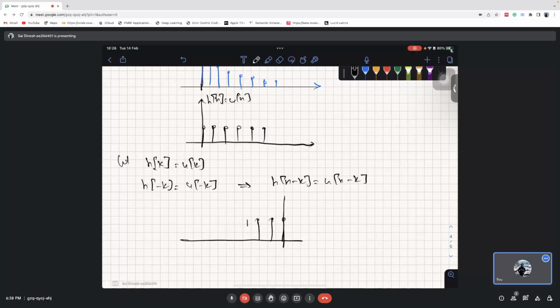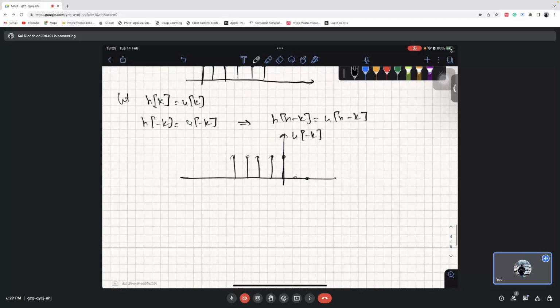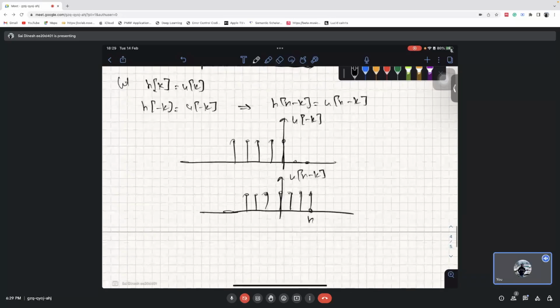So this is u of minus k, and this is u of n minus k. It is shifted to the right when n is positive, and shifted to the left if n is negative.